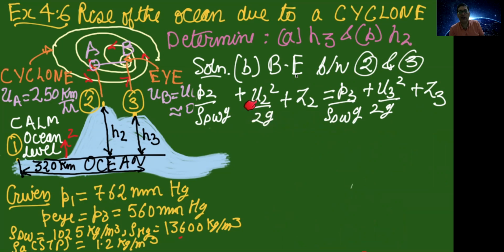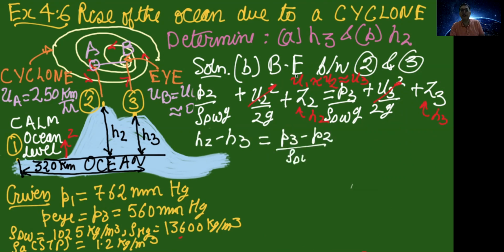For the velocity of water at the free surface, we have taken u1 equals u2 equals u3, as shown here. So u2 and u3 will cancel, so kinetic energy is the same at the free surface. Basically, as in the previous Bernoulli's equation that we applied between 1 and 3, the difference in the level is coming due to the pressure difference. So you get an expression for H2 minus H3 equals P3 minus P2, in terms of the density and G.